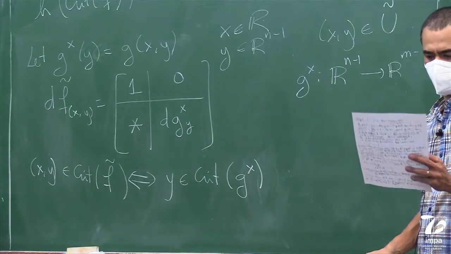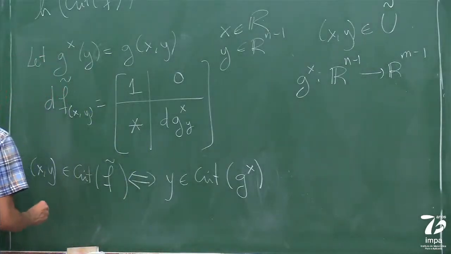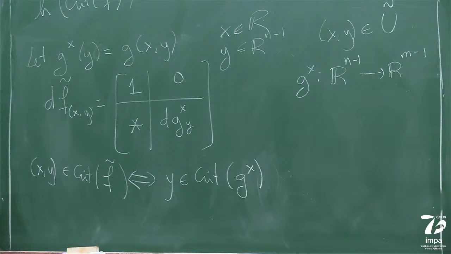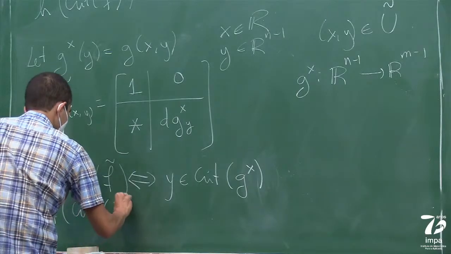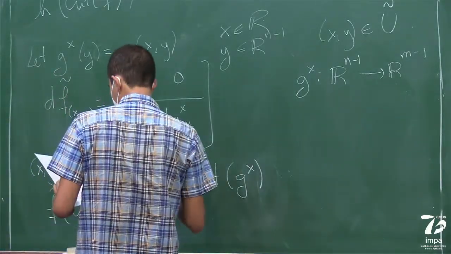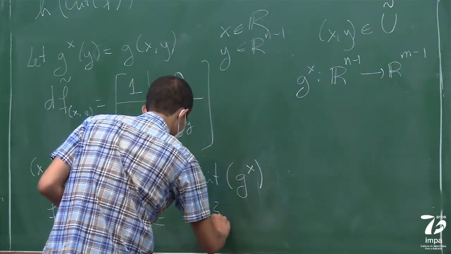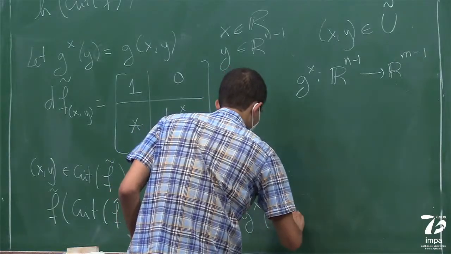And one more thing we can write is that if you apply F tilde, the set of critical values of F tilde is equal to the union over all x of x times the critical values of gx.